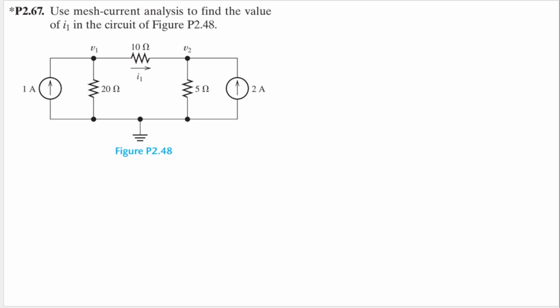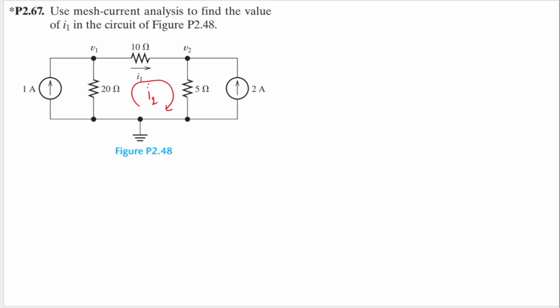So the question is to use mesh current analysis to find the value of I1. I1 is here. Maybe let's do the loop first. Let's name this loop here I1, so it is exactly the same as I1 here.